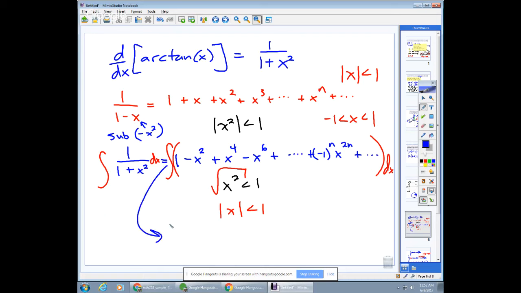So integral of 1 is x. Then I'm going to have a minus x cubed over 3. I'm going to have a plus x to the 5 over 5, minus x to the 7 over 7, yep. Coming down the line, I'm going to have a negative 1 to the n, and then an x to the 2n plus 1 divided by 2n plus 1.